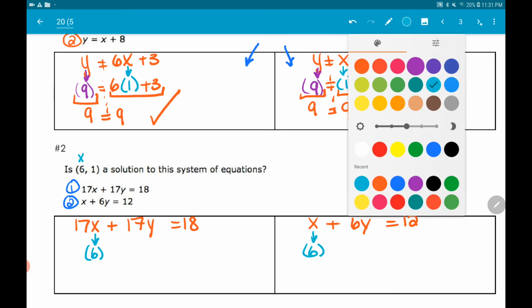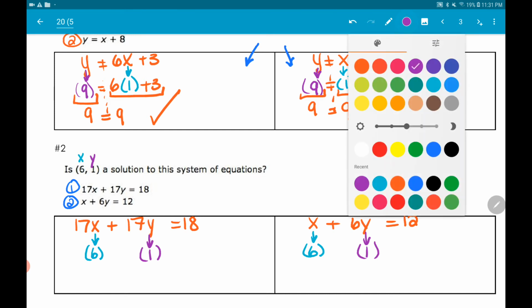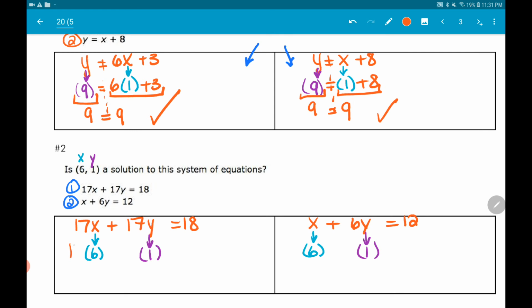All right. Now, my other number comes from this y. So wherever I see a y, I'm also going to replace it. What am I replacing this with? The 1. Everything else gets brought down. All right, now we check for equivalence.